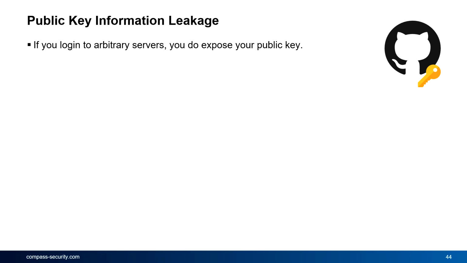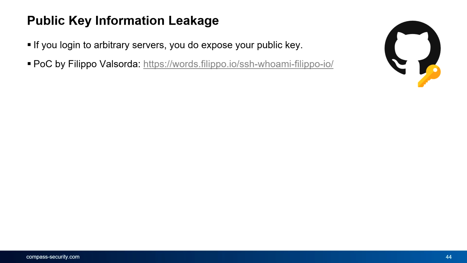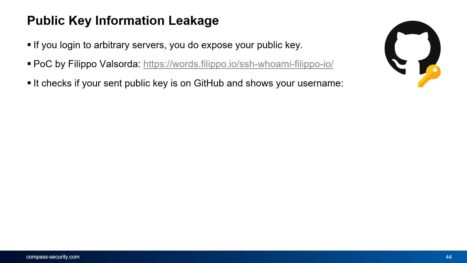As said before, if you log in on a server, you expose your public keys. There is a nice proof of concept by Filippo that is available online, and it automatically checks your public keys that may be stored on GitHub and displays your username.